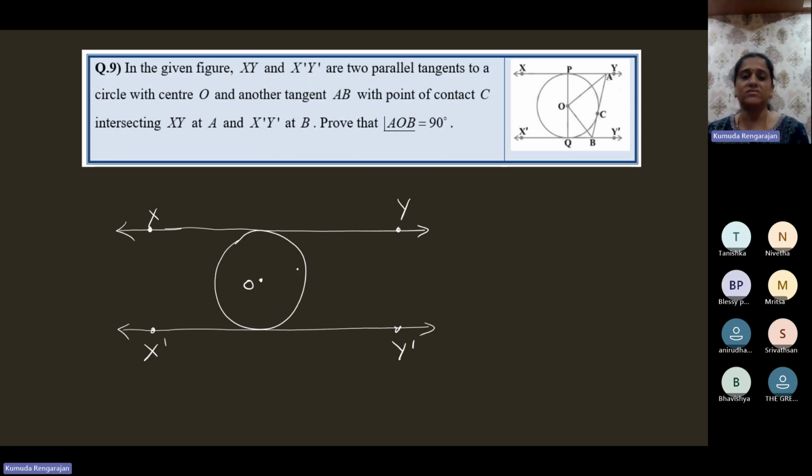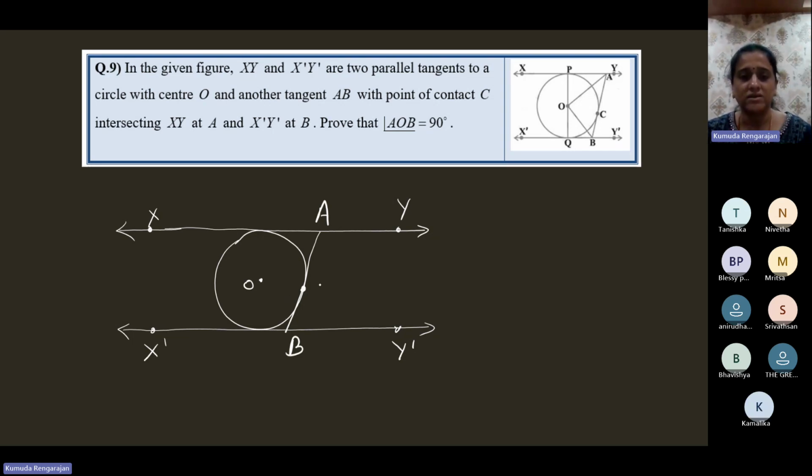Okay, so the tangent is AB. You can see the tangent AB touches the circle at C, the point of contact C. Where does the tangent meet XY?